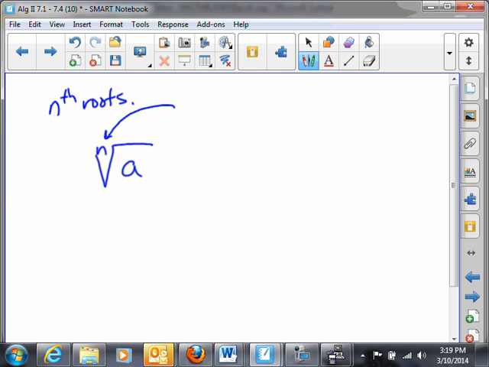First of all, you have to be very sure that this number is inside that little v on the radical sign. That number right there is called the index. The symbol itself is a radical, and the number underneath is called the radicand.